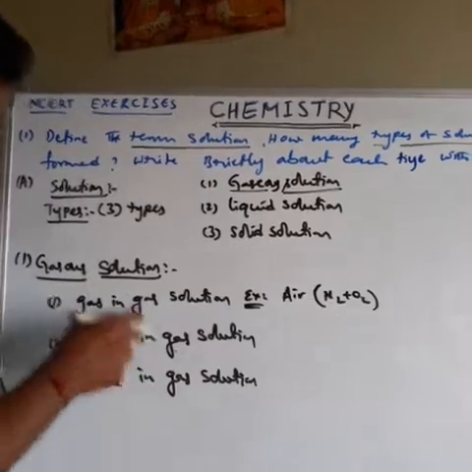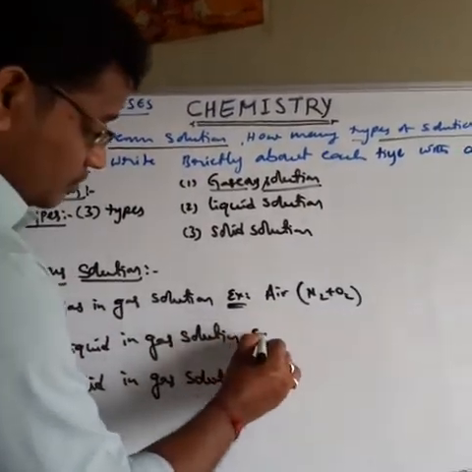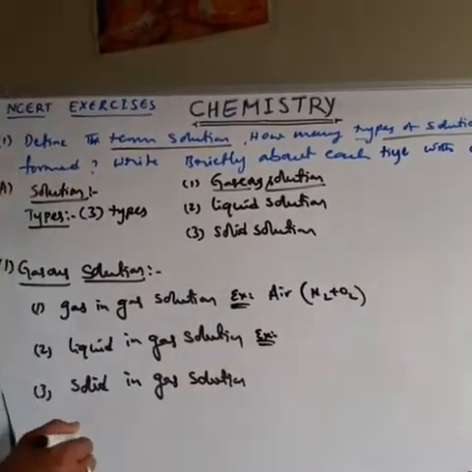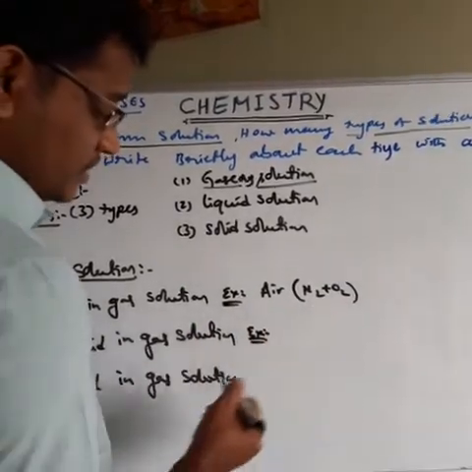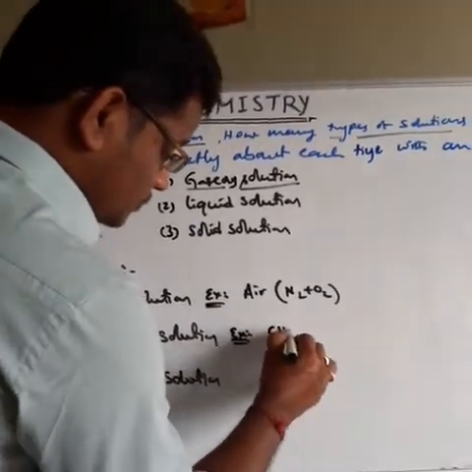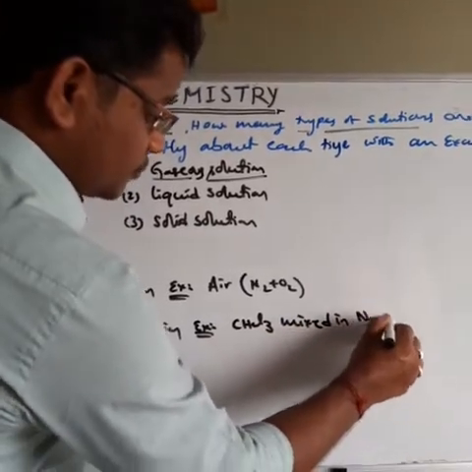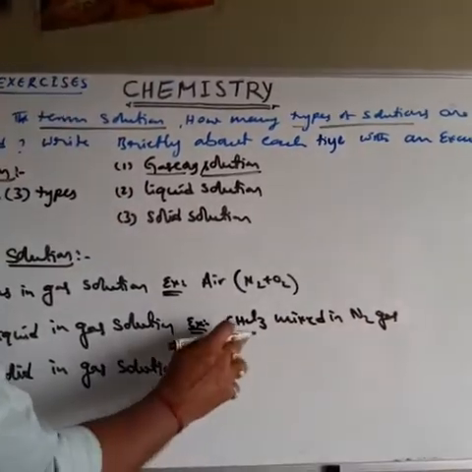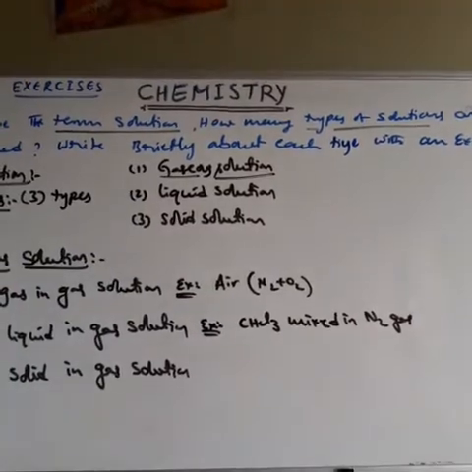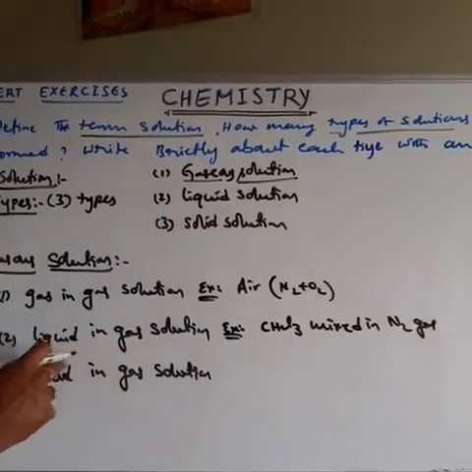Next is liquid in gas solution. What is an example? Chloroform, CHCl3, mixed in nitrogen gas. That is an example of a liquid in gas type solution.